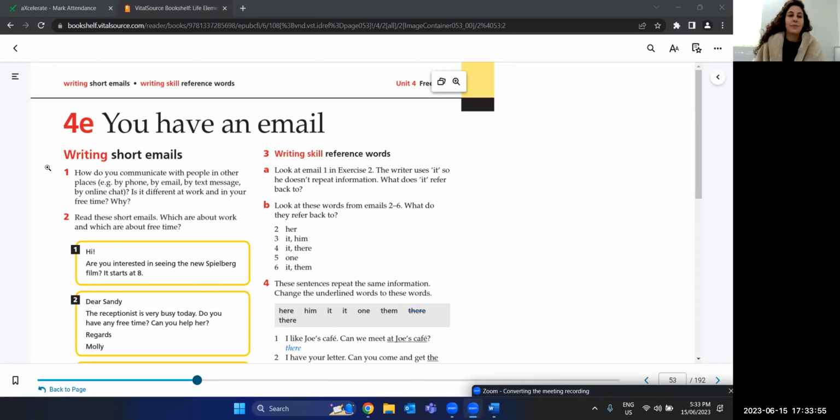You'll notice that in English-speaking countries, email is very common, especially with people that are your workmates, people that you work with, people that you might go to college with, your professors, your lecturers.